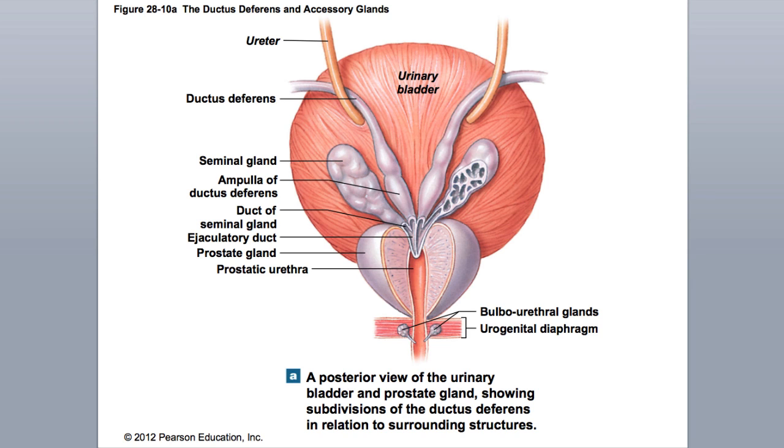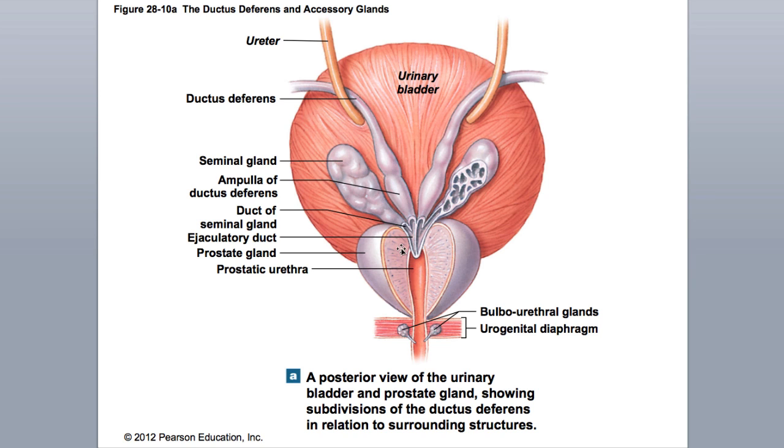Now we're continuing our story. I've already mentioned that the vas deferens goes behind the bladder. So we're looking at the back view here. It goes behind the bladder and it enters the seminal vesicle or the seminal gland on the back side. Then you see where it says ejaculatory duct.